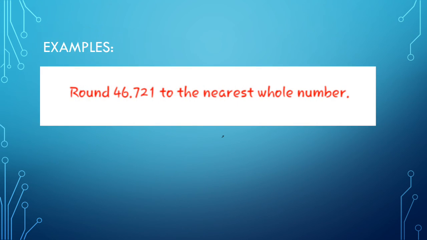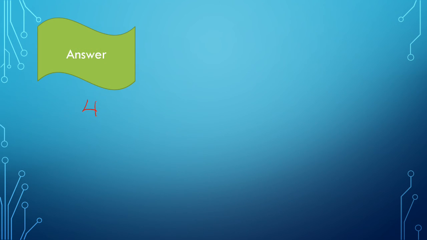Another tricky question. Round the number 46.721 to the nearest whole number. To the nearest whole number means I don't want a decimal point at all. So how do I do this? 46.721, to the nearest whole number. First, you underline the 6, the ones.